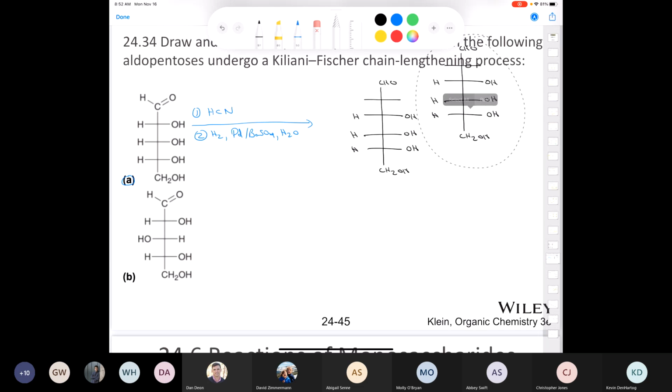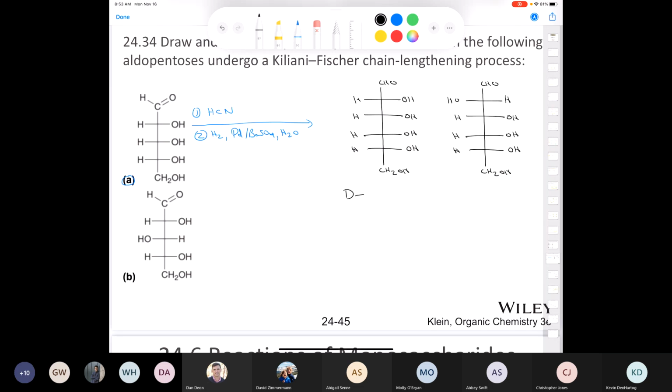I'll paste it here. So we're going to end up with epimers at that position. So we're going to have one where we have the hydroxyl here and one where we have the hydroxyl on the other side. So that gives us D-allose when we go look at the chart. And then this is D-altrose. So allose and altrose.